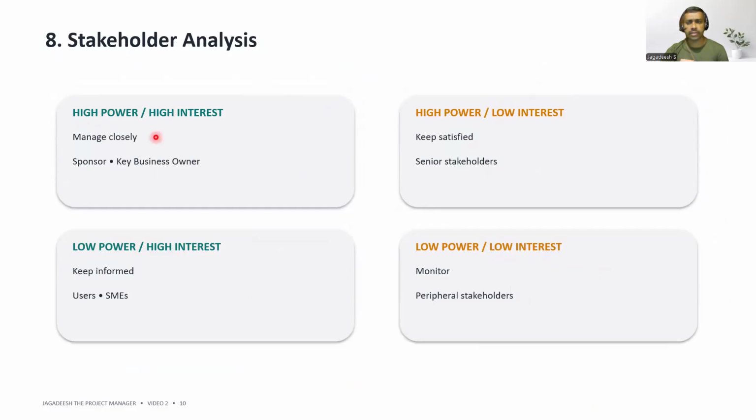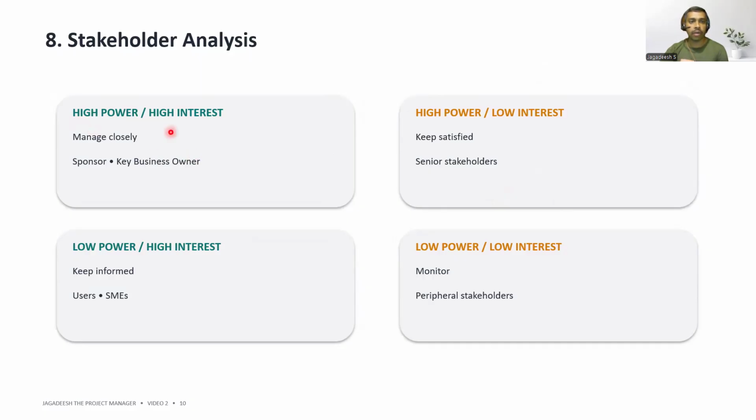Stakeholder analysis. I don't communicate with every stakeholder in exactly the same way. A sponsor may want business outcome, risks and decisions. A technical lead may need detailed dependencies and blockers. End users need readiness and impact. The power interest view helps me decide how closely to engage with each stakeholder.